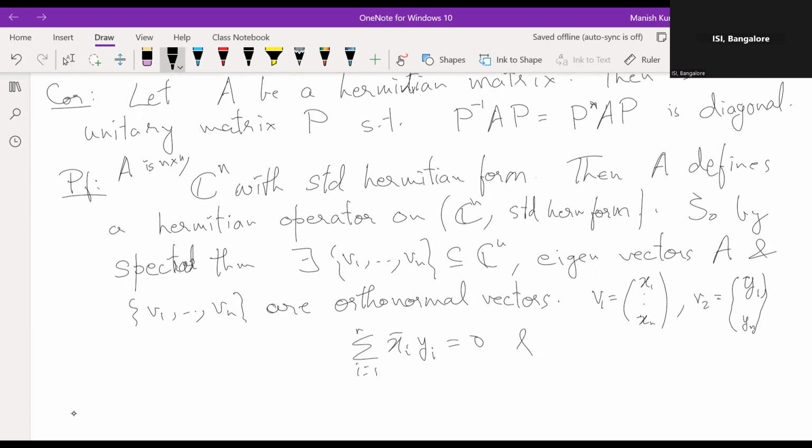And summation Xi bar Xi, i equals 1 to n is 1. Yeah. And similarly, these are some consequences of what orthonormal vectors mean.